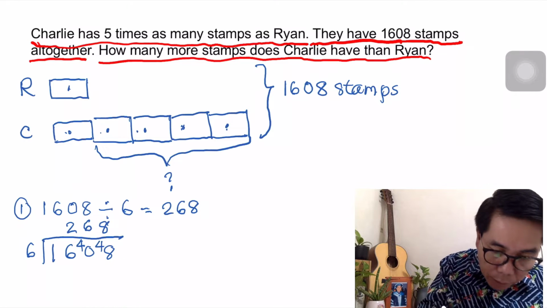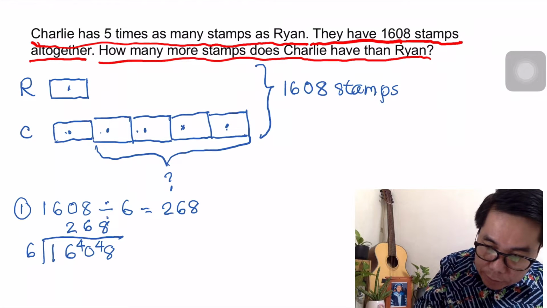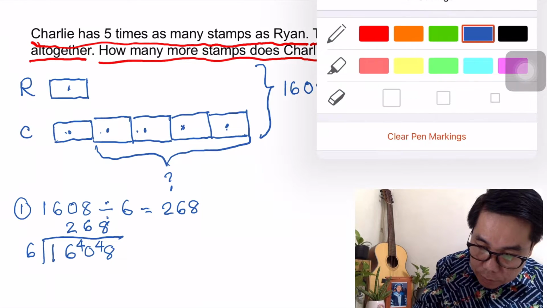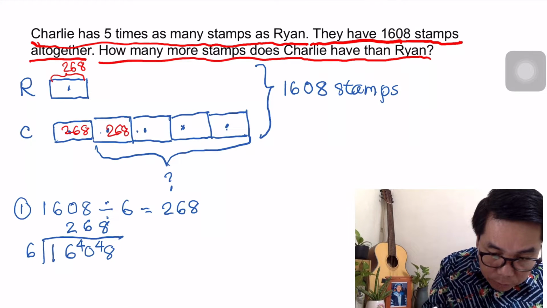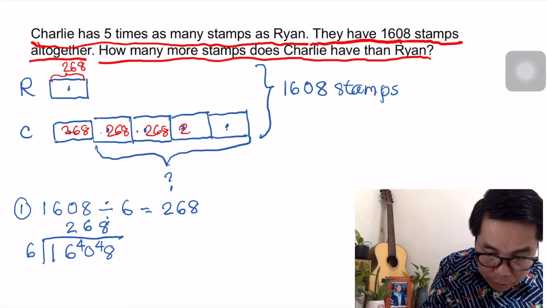So 1 bar is 268. This one is 268, 268, 268, 268, 268.